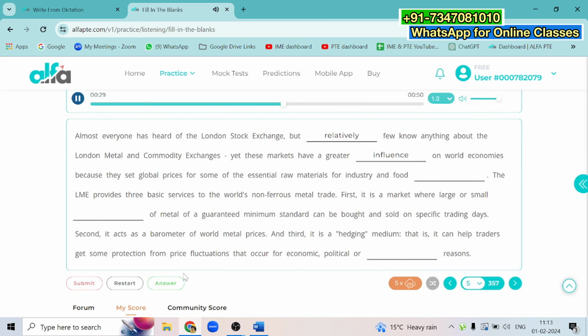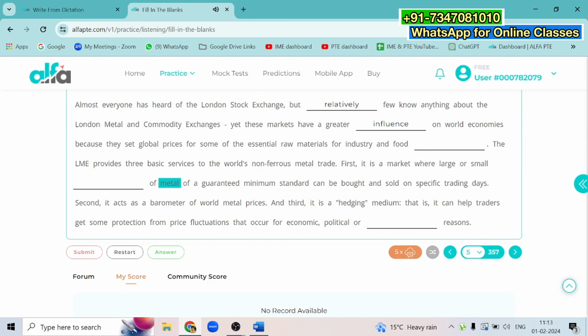First, it is a market where large or small quantities of metal of a guaranteed minimum standard can be bought and sold on specific trading days. Second, it acts as a barometer of world metal prices. And third, it is a hedging medium. That is, it can help traders get some protection from price fluctuations that occur for economic, political or financial reasons.